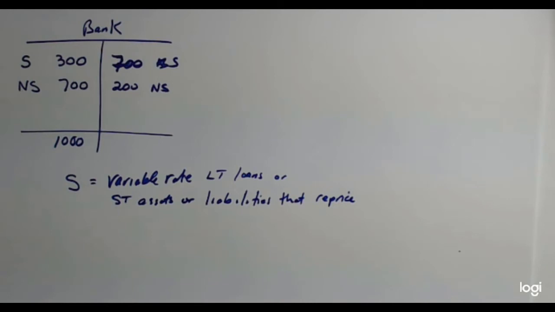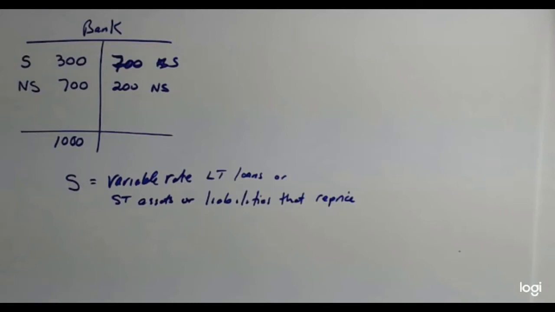An example of a long-term variable rate loan would be a mortgage where the interest rate changes along with market interest rates. And the point is it's interest rate sensitive because the interest income coming off of that mortgage varies with interest rates. So when the interest rates in the market change, the interest income that mortgage generates changes. That's what we mean by interest sensitive.